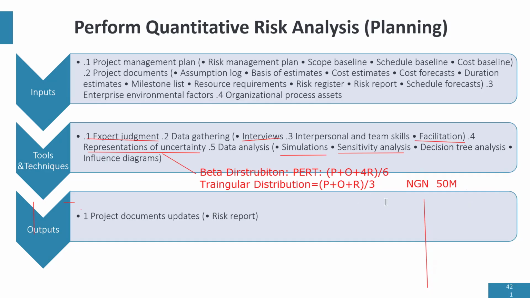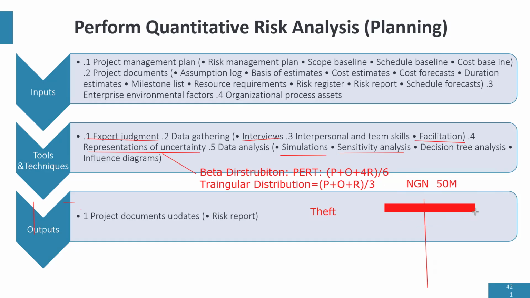So take, for example, what are the risks that can actually affect a pipeline project? Number one is theft. They can steal the pipelines. Let's say theft can range from 2 million to 100 million.